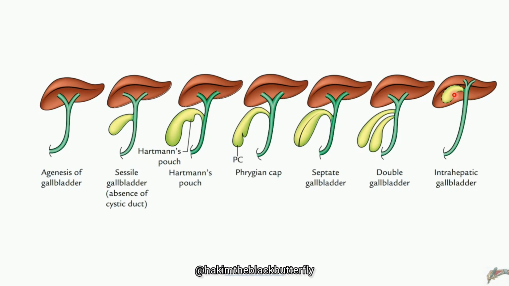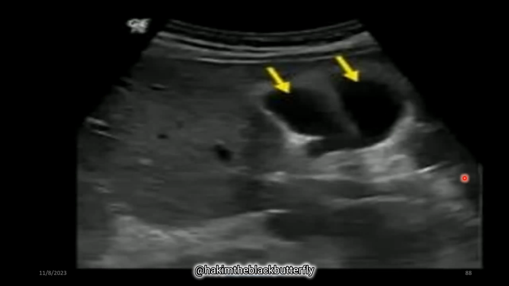And then you try to look for it, you won't see it anywhere. Yet it's intrahepatic, within the liver. Okay, all those are different possibilities. Now these images are just trying to show us some of those different situations that we've talked about. Here we are seeing, of course, two gallbladders. Okay, that's a double gallbladder.